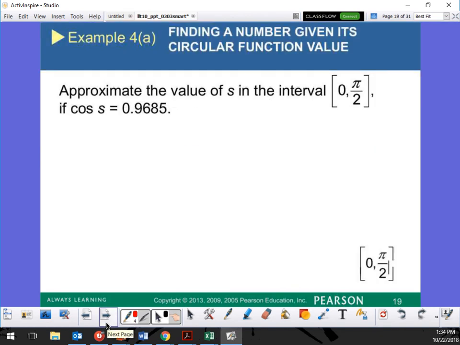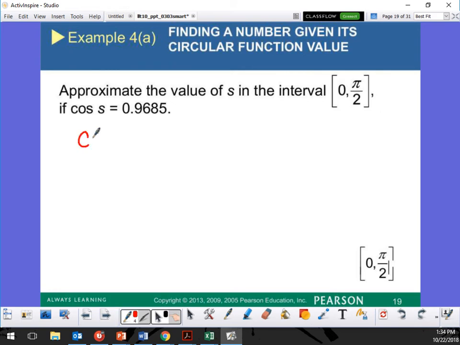Okay, approximate the value of s in the interval. So now, what we're going to be doing here is actually solving for the variable s. S is the variable for the angle. There is a step we have to do to isolate the variable first.